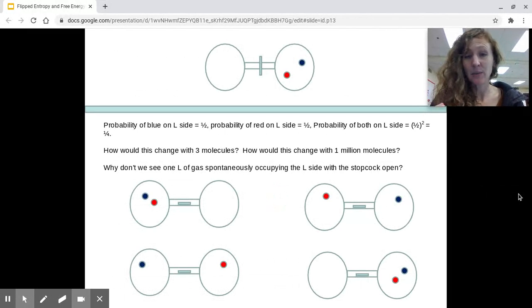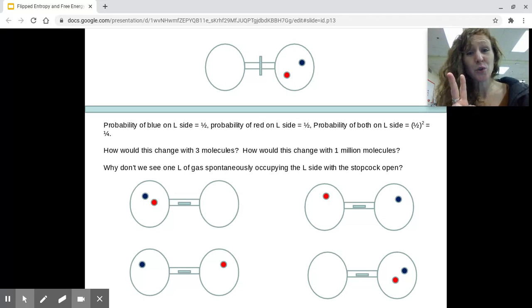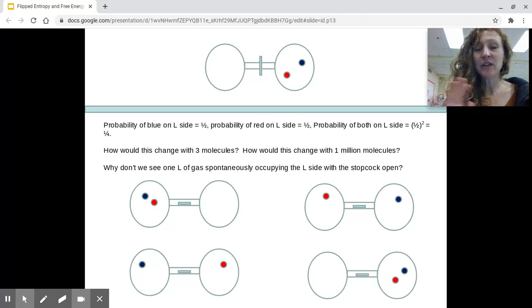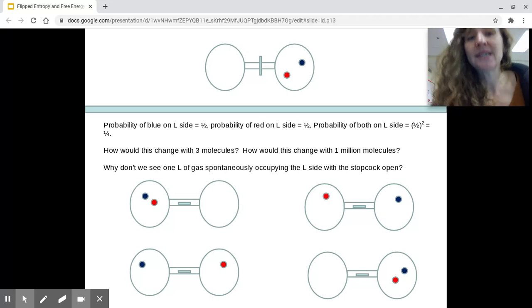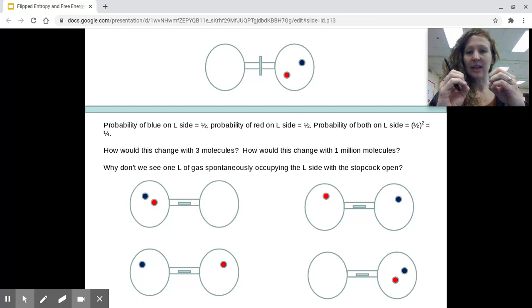Okay, so here's an example of exactly what we're talking about with gas molecules. The deck of cards is fairly easy for us to visualize. Something like movement of molecules is a little harder for us to visualize. So let me walk you through this with just 2 molecules. I made them different colors just so you can see the different types of states, right? If we start with the system above, we have 2 bulbs that the gases can exist in.